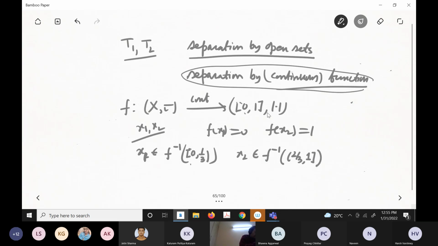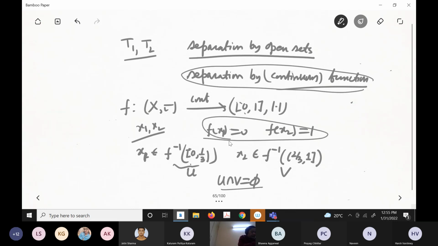This is also open here. Call them U and V. Now look, U and V are disjoint because values in U are going to be less than 1/3 and here greater than 2/3. So obviously they are disjoint. So that means if you have such a function, basically it is separation by a continuous function. Here it is 0, here it is 1. Then the two points will be separated by disjoint open sets.